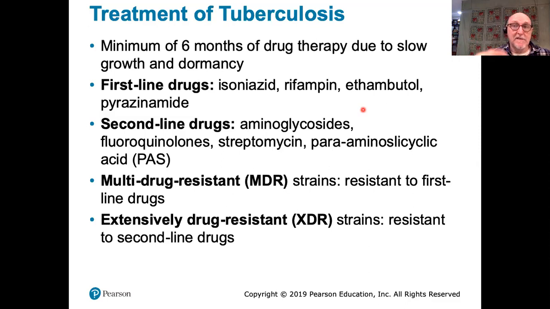Each time resistant strains arise and begin to make their way through the population, new antibiotics are tried, but we now have ended up with multi-drug resistant strains, which resist all of the first-line drugs, and then extensively drug-resistant strains, which are not only resistant to these first-line drugs, but to the more modern ones as well, the second-line drugs.